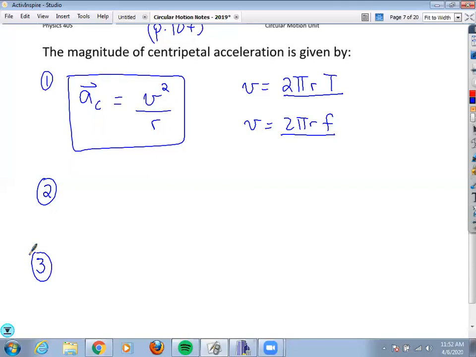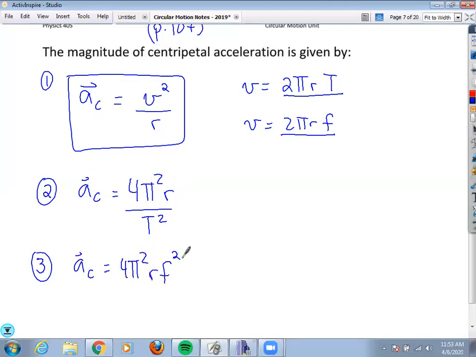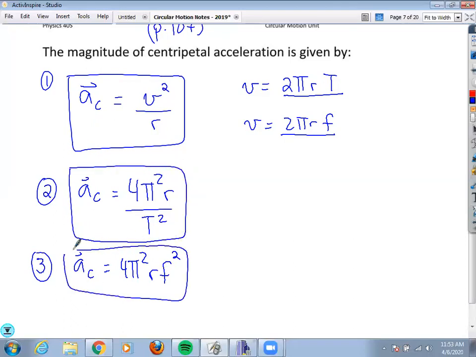Substituting 2 pi r over T, centripetal acceleration equals 4 pi squared r divided by T squared, the period squared, or centripetal acceleration equals 4 pi squared r times the square of the frequency. So we have three definitions, and note that only the first one has the actual velocity in it. You would use 2 or 3 if you don't know what the speed is.